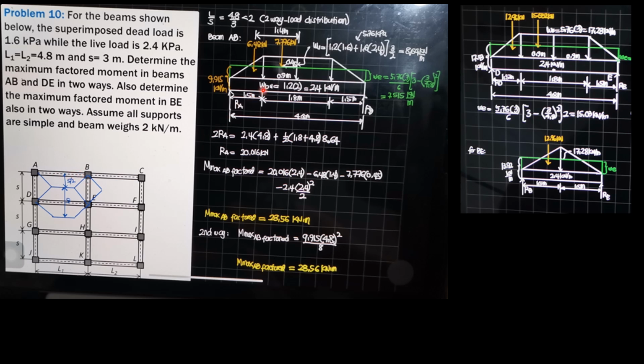So the weight of the beam: the load factor for dead load is 1.2. So 1.2 times 2 kilonewtons per meter, 2.4 kilonewtons per meter.